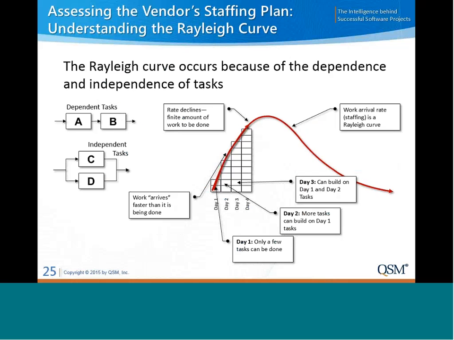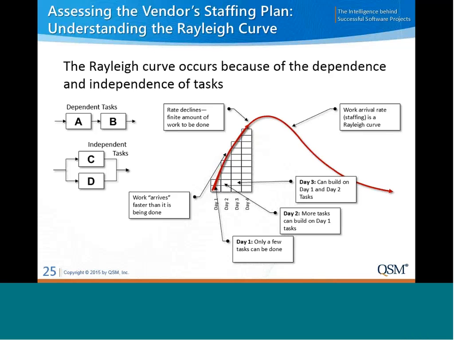At the beginning of a project, there are typically a small number of initial tasks that need to be completed before a larger number of dependent tasks can begin. And then, of course, there's an even larger number of tasks that are dependent on that next layer of tasks. Sometimes there are dependencies, sometimes there aren't.